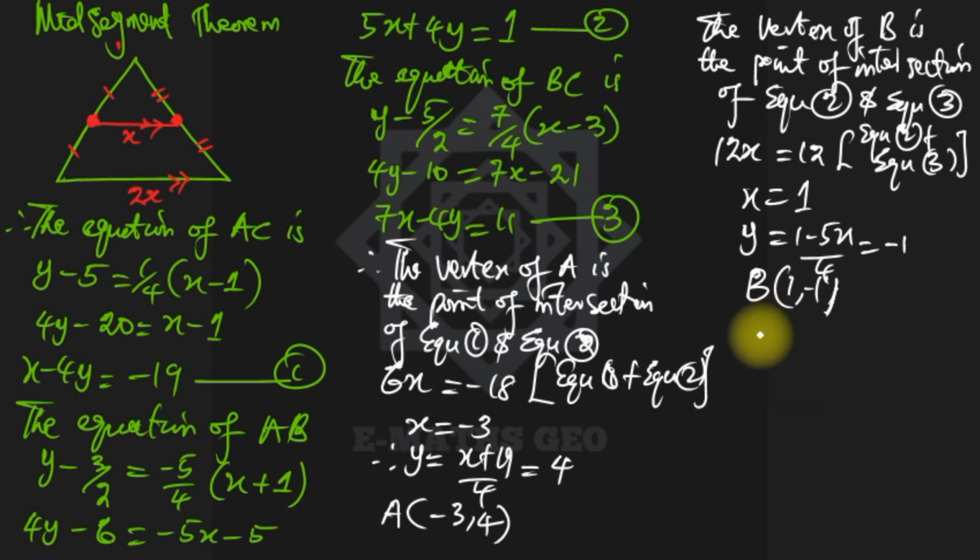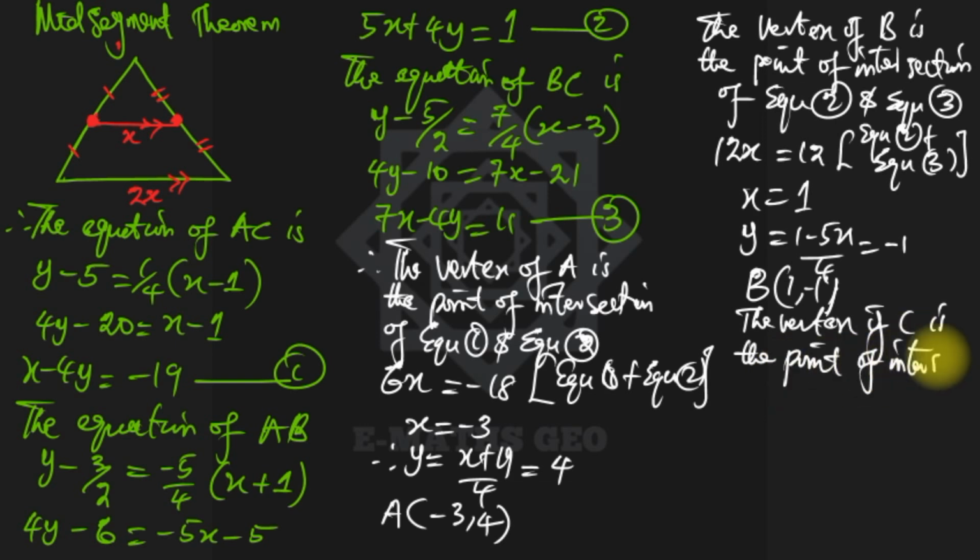So for C, it is the point of intersection of AC and BC, that is, equations 1 and 3.